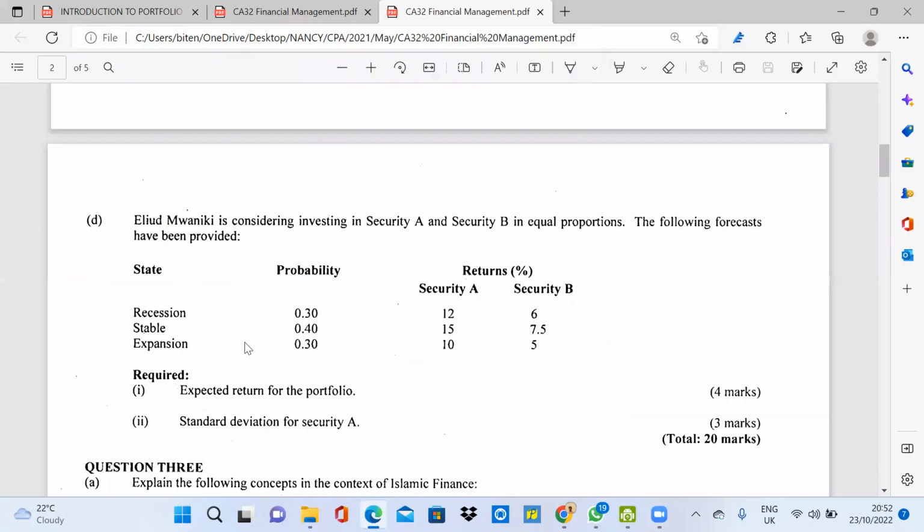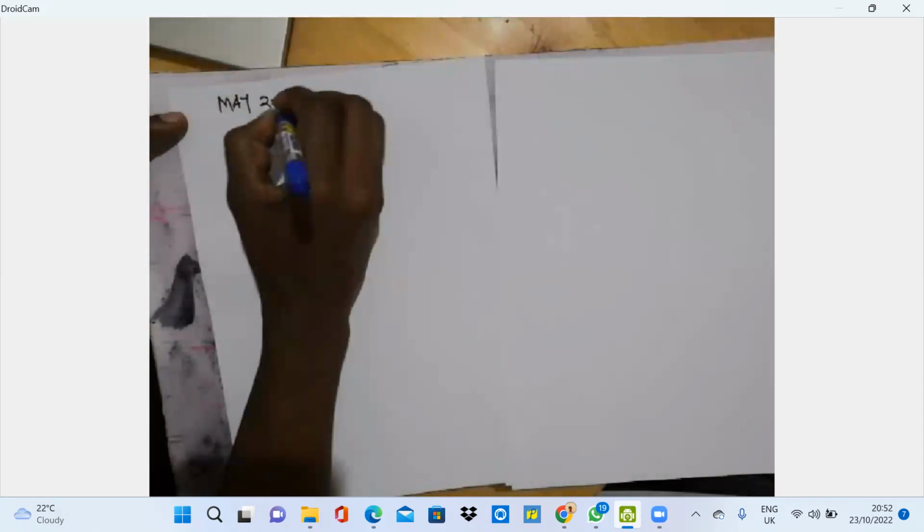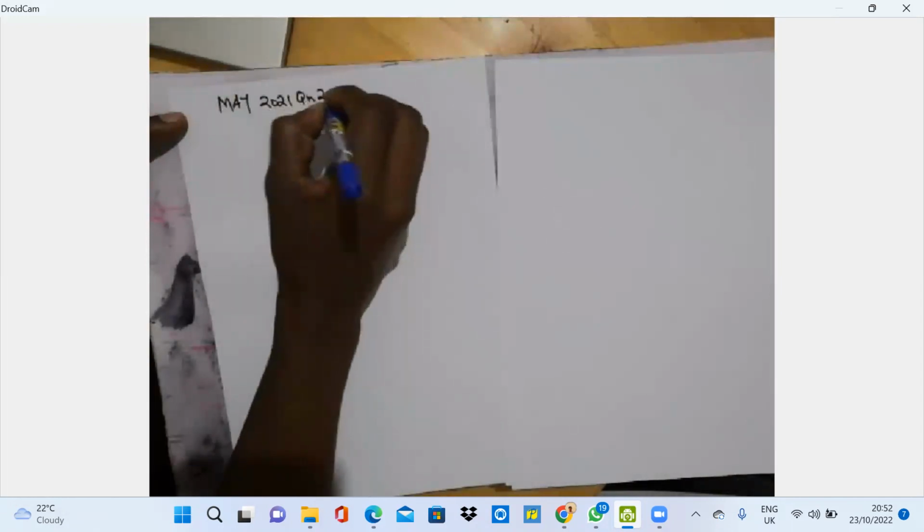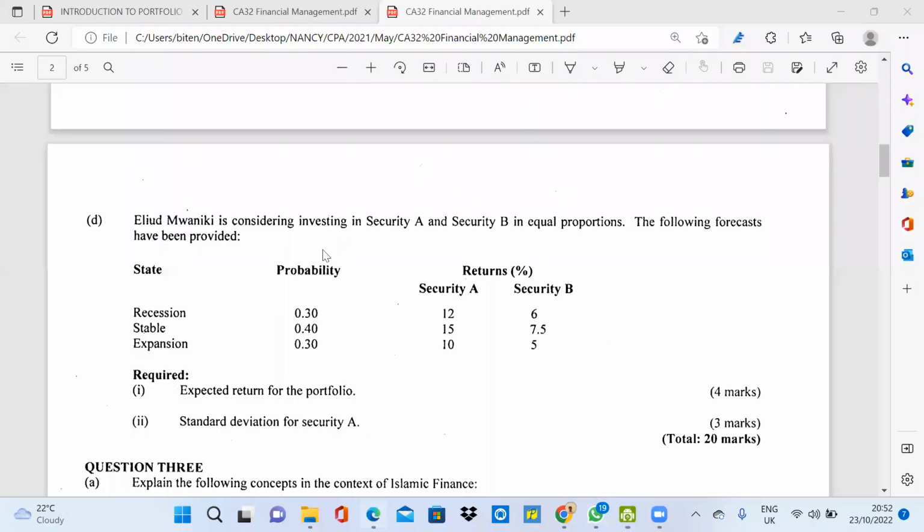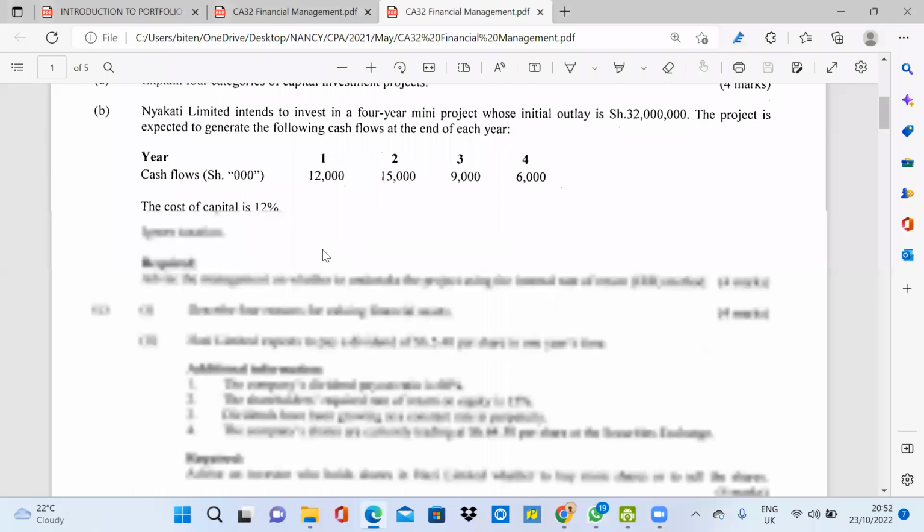You'll notice that ever since this topic was introduced at the intermediate level, this question has been set, so be prepared for it. This is the last question we are doing, May 2021, Question 2D.